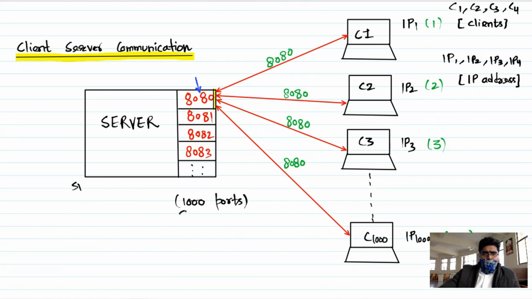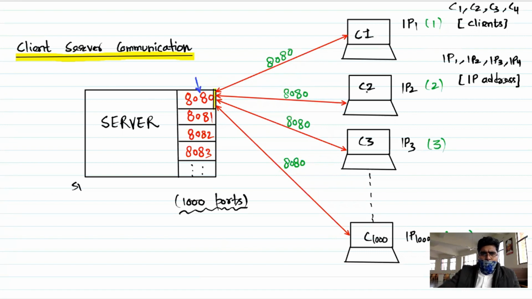In our server we have 1000 ports. What is the meaning of a port? For one web application, for one project, we use one port. Let's say Facebook resides on this port and Google would reside on that port. So we are using different ports for different web applications, right?